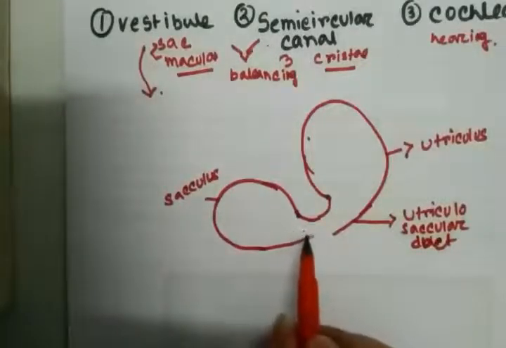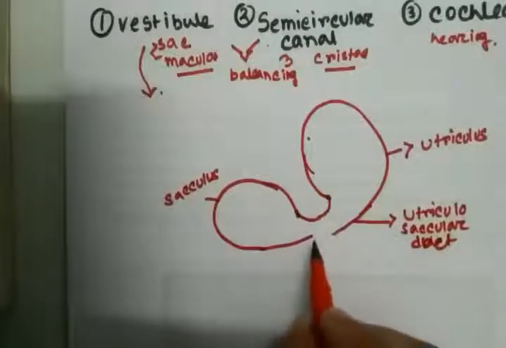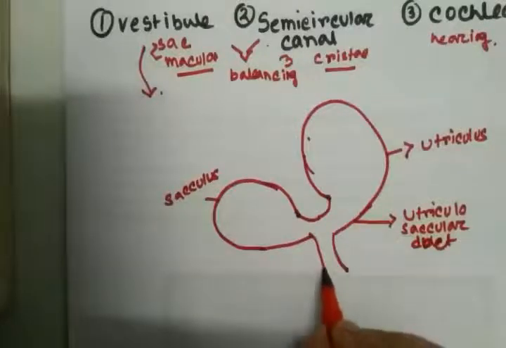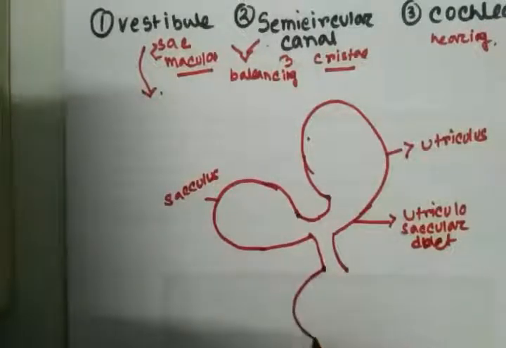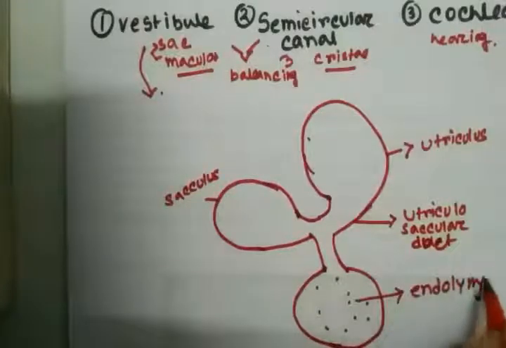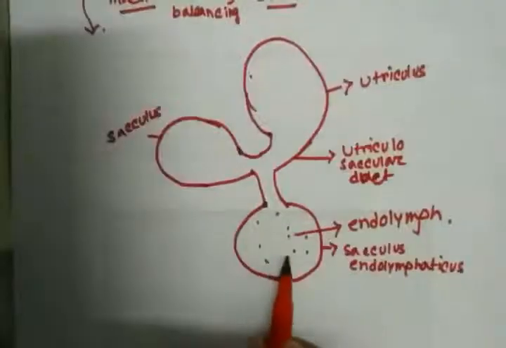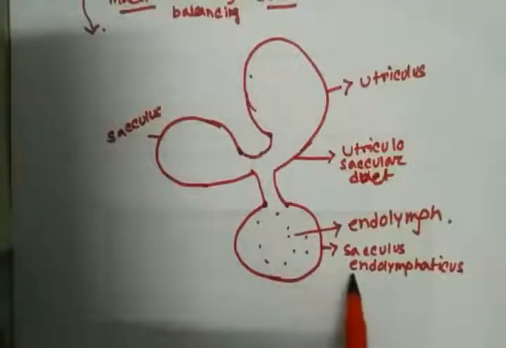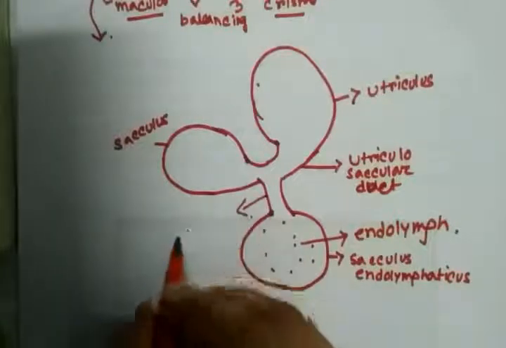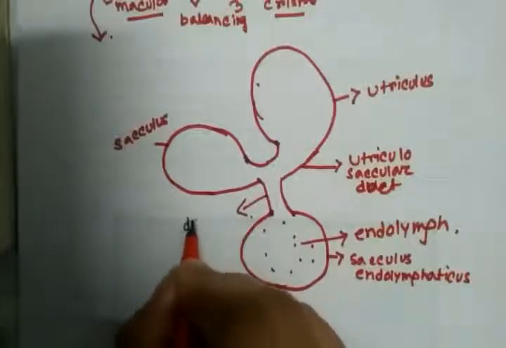And from this utriculosaccular duct arises one more narrow duct, and this leads into a sac-like structure, and this sac is filled with endolymph. As it is filled with endolymph, that is why it is called sacculus endolymphaticus, and the duct is called ductus endolymphaticus.